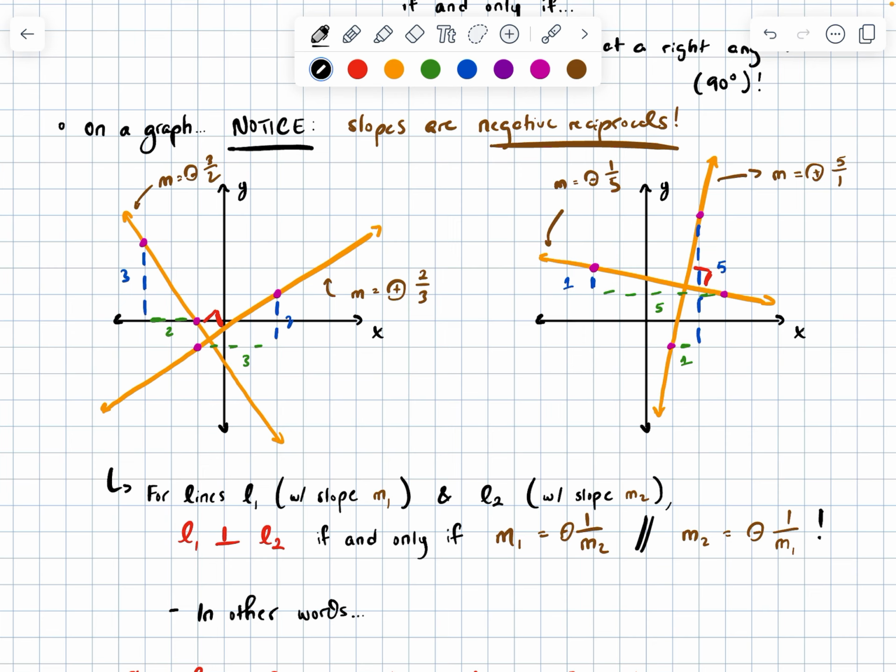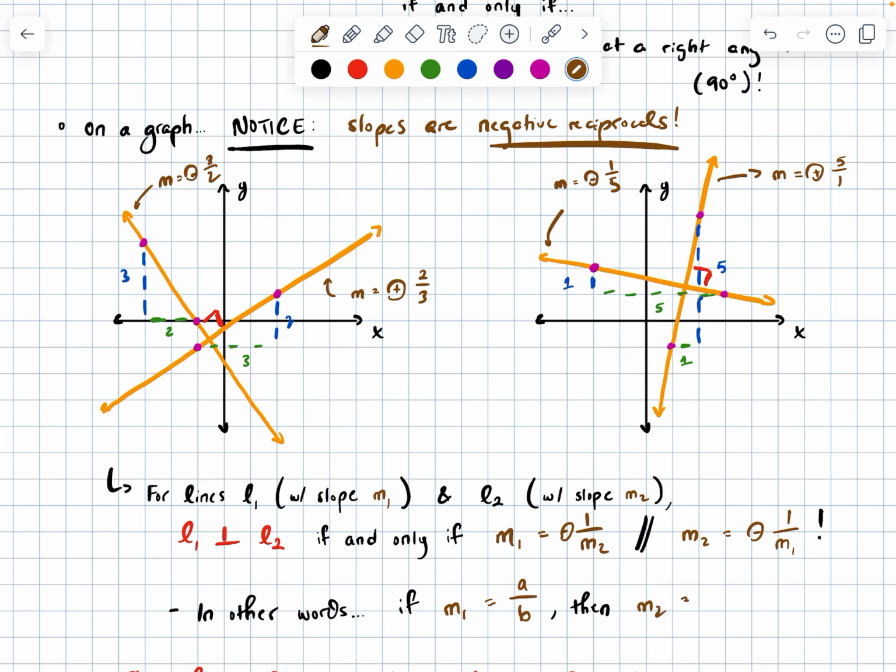More simply, though, I think there's a more efficient way for us to document this finding. What this tells us here is if I have two perpendicular lines, say that the first line has a slope of m1, which is some number a over some number b, right? A rise and a run. How could you express that slope 2 is the negative reciprocal of a over b?